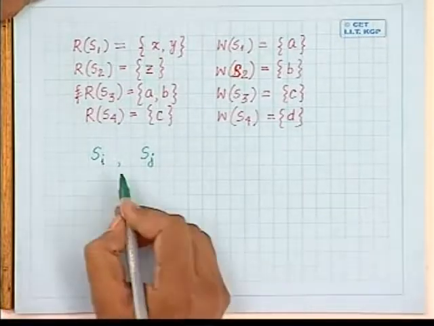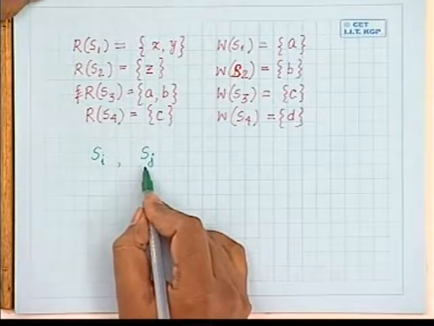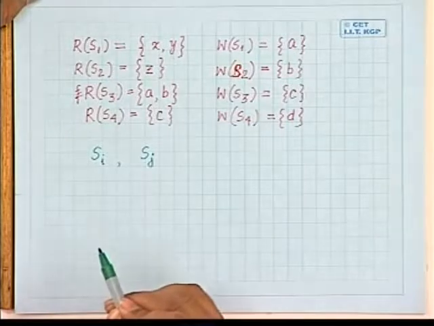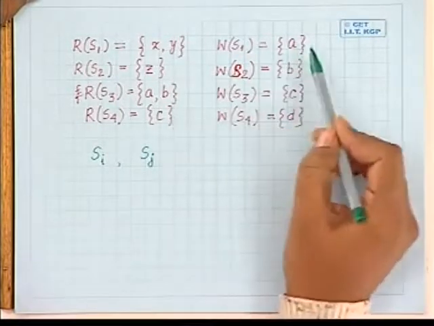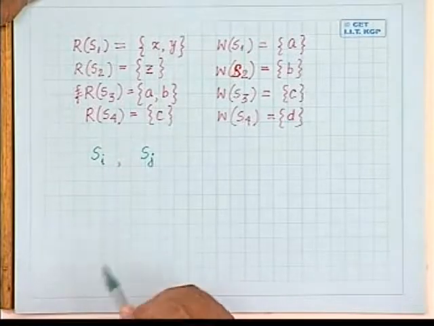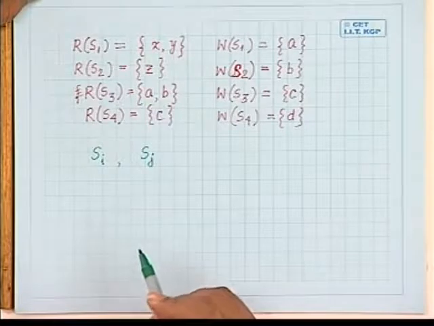I can find out what is the read set of Si, what is the read set of Sj, I can also find out what is the write set of Si, and what is the write set of Sj. So by studying this read set and write set, we can conclude that these two statements, Si and Sj, can be executed concurrently, provided the write set of one does not intersect with any of the sets of the other one, and vice versa.